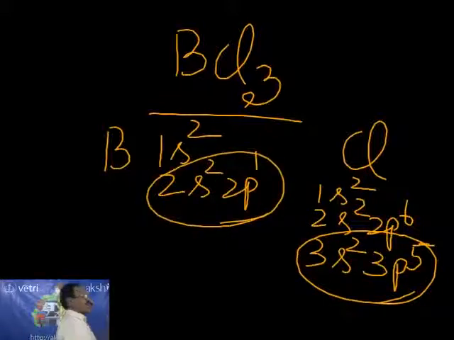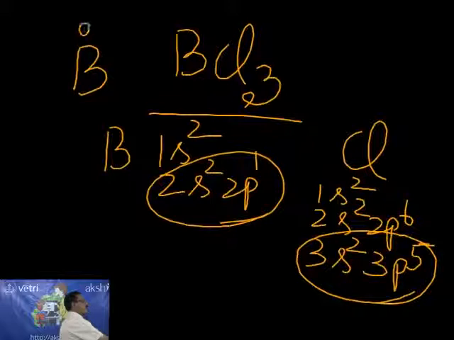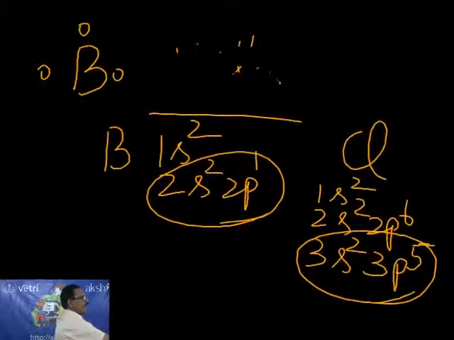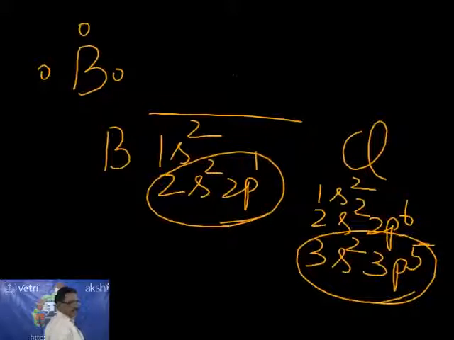So according to the Lewis concept, boron I can write here with 3 dots indicating 3 valence electrons. Chlorine has outermost electrons, that is 5 plus 2, 7 electrons. Now let me draw, kindly follow.